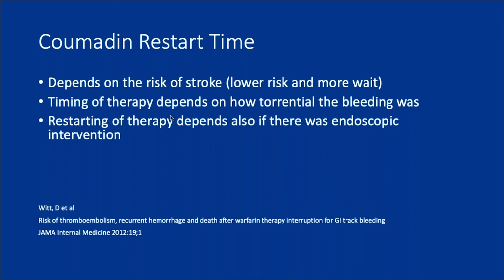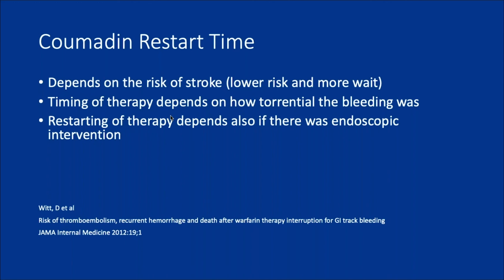Timing of therapy depends upon how torrential the bleeding was, and restarting therapy depends upon if there was an endoscopic intervention. And again, these days, we usually do an endoscopic intervention in the form of clips, and clips were not available so many years ago. We used to do cauterization, injections, other things. Clips have been a real boon for us to help prevent further bleeding.